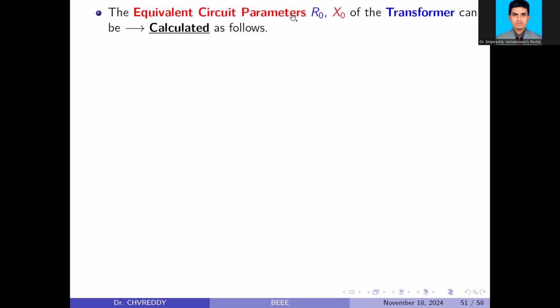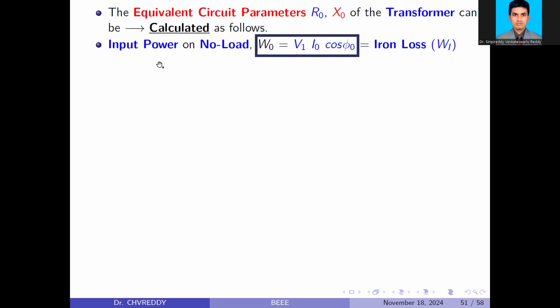How do we calculate these parameters R0 and X0 of the transformer? The input power on no load, indicated with W0, is equal to V1 I0 cos phi 0. This entire thing is nothing but the iron losses.